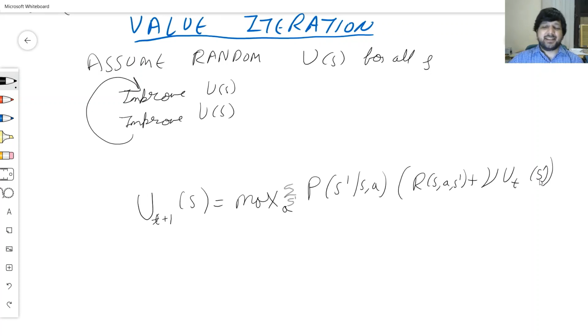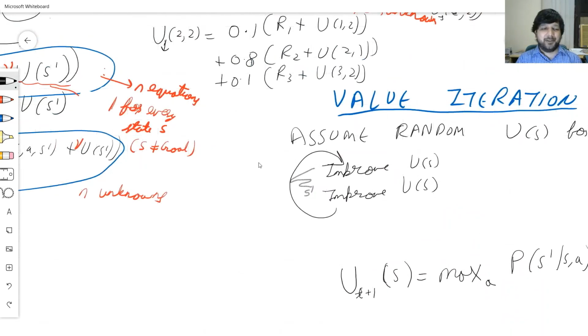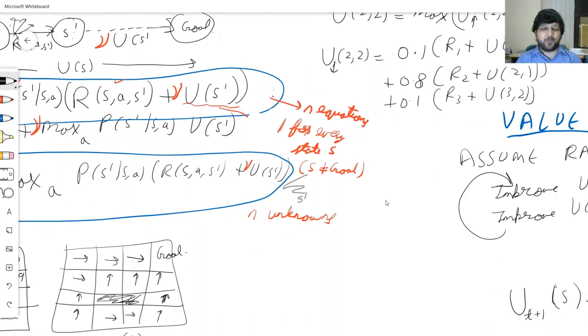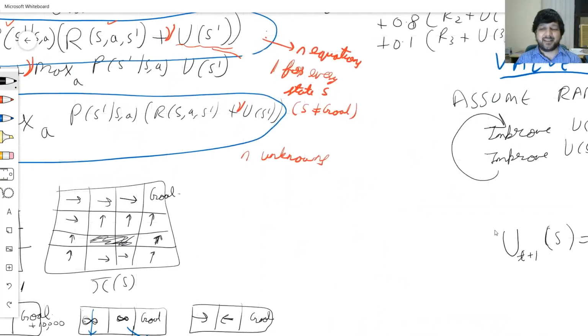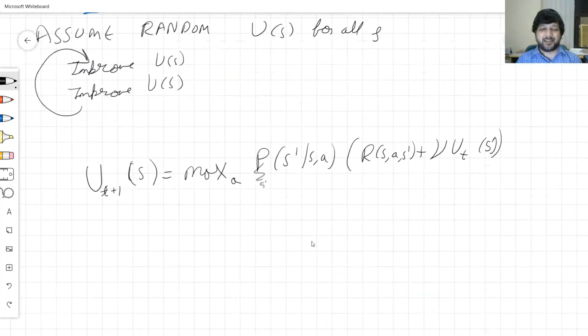If you look at it, it's exactly the same equation except I added a suffix to say that utility at the LHS is unknown because it's at the greater iteration of the algorithm, and utility at the RHS is at the previous time step and it is absolutely known. So it's exactly the same equation except the LHS and RHS both have different variables.